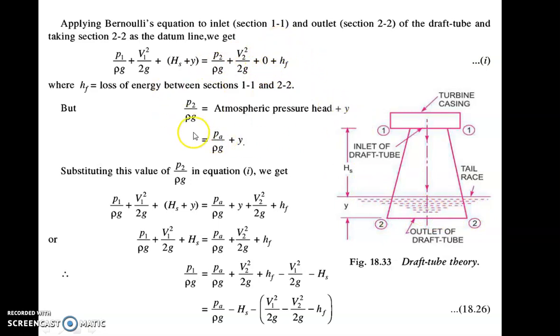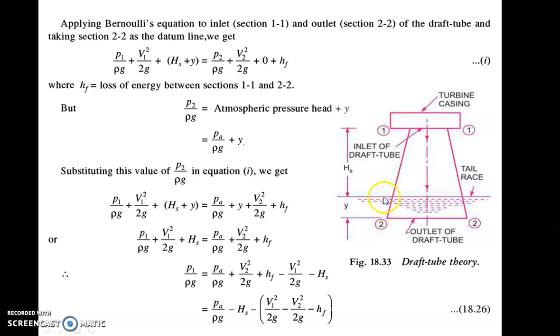Okay, so if you simplify, now this P2 by rho g, this is the pressure. Again, if you apply Bernoulli's equation between the tail race level and the draft tube outlet, instead of applying Bernoulli's equation, you can apply the hydrostatic law.